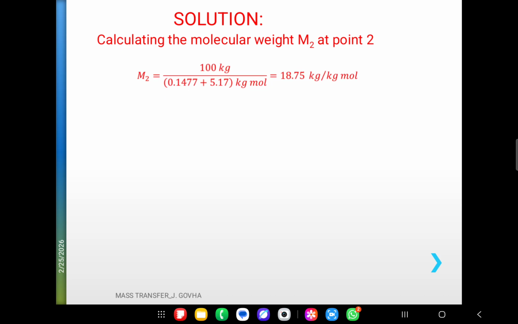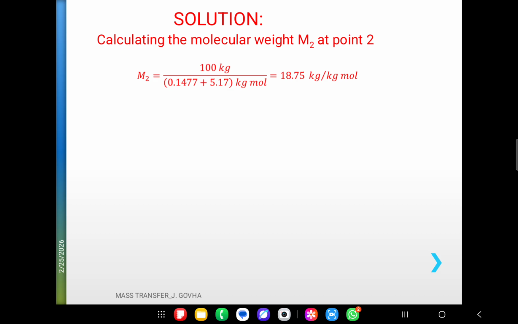Assuming that we've got 100 kgs, then our M2 is going to be 100 kgs divided by the number of moles that we determined earlier, 0.1477 plus 5.172, to give us M2 as 18.75 kgs.